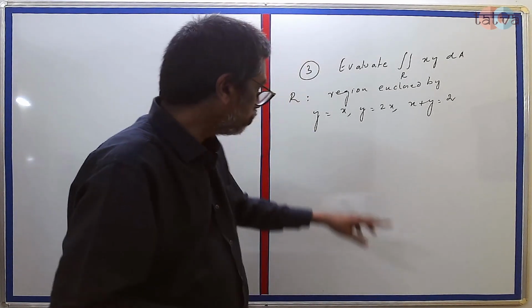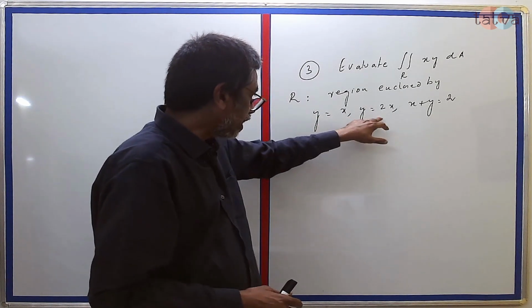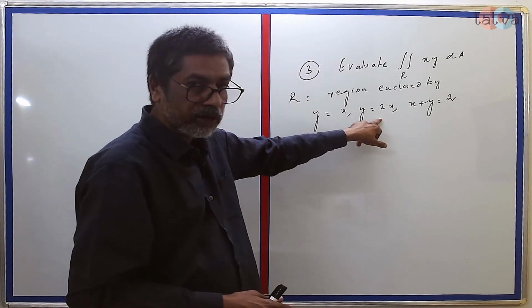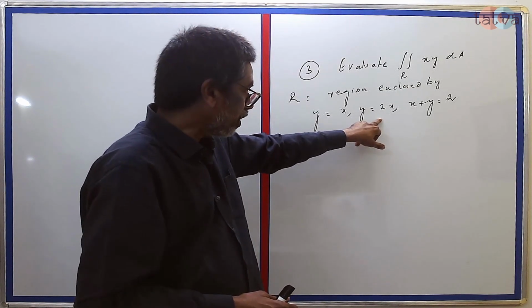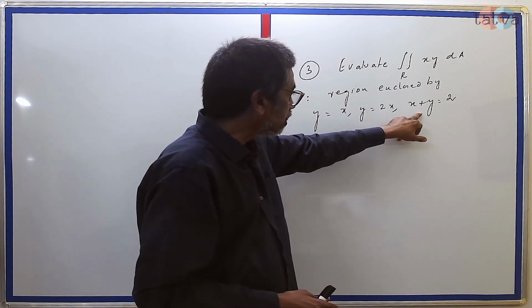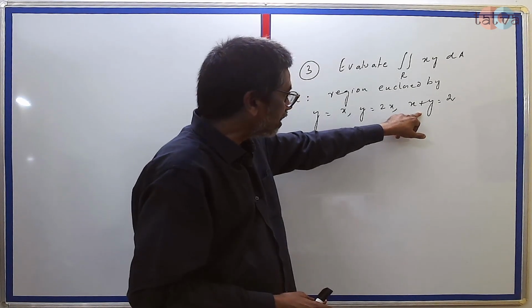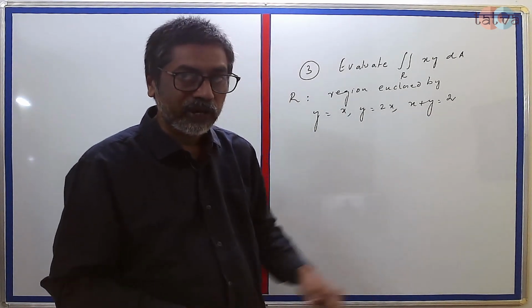The first two equations represent straight lines that pass through the origin because you don't have the constant term. Whereas the third equation is a straight line that does not pass through the origin but has equal intercepts on the x-axis and y-axis.